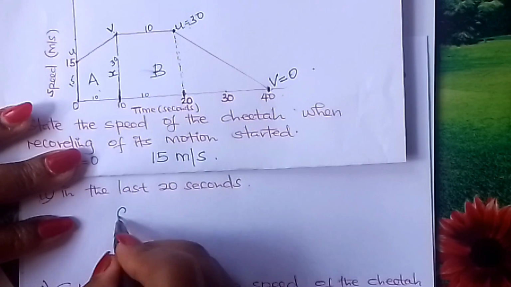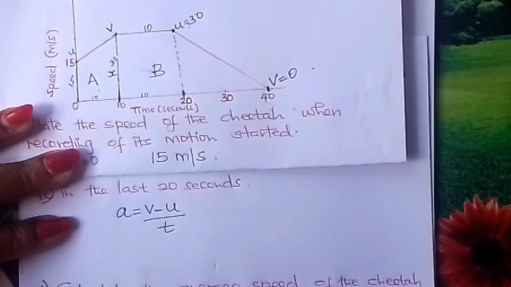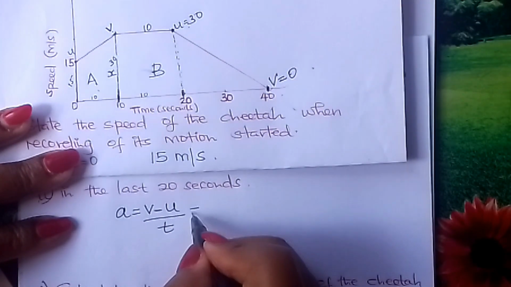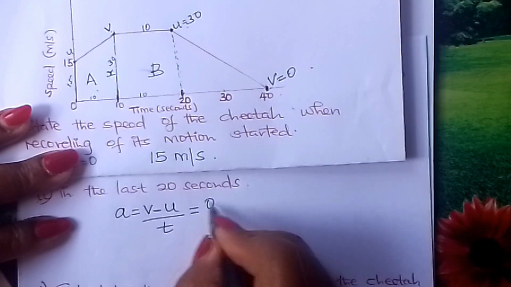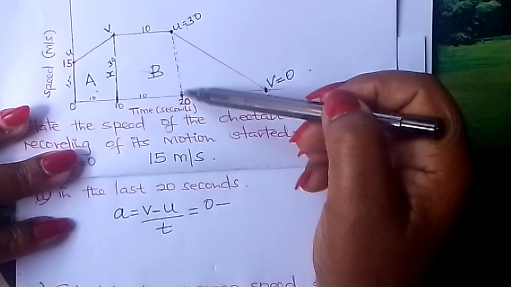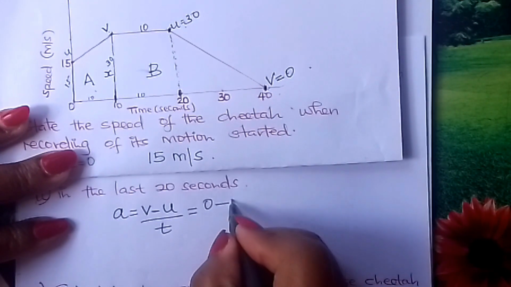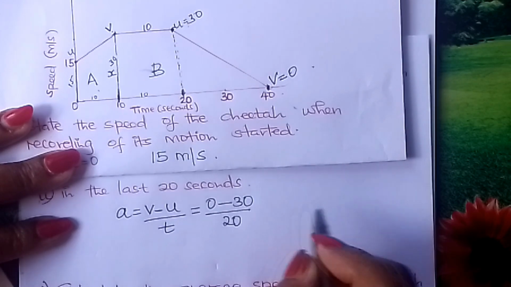So again, acceleration is equal to v minus u over t. Look at that, learner. Our final velocity is 0, and our initial is 30, over 20 seconds.